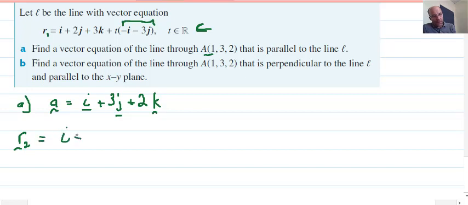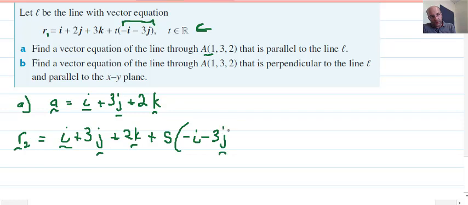We would have that as i plus 3j plus 2k plus s, using a different scalar, outside of negative i minus 3j. So it's that vector with a different scalar on the front that will give us the parallel effect, and we'd be crazy not to use this given information, because it's definitely on the line, so that gives us the position vector on the front there.